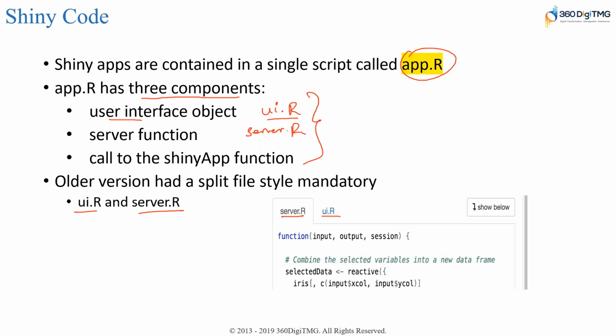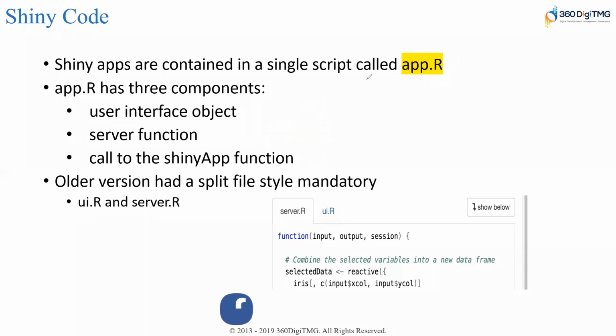The latest version of the Shiny package gives us the capability to develop an end-to-end application using a single file. This way it is easy for us to look at and maintain a single file and to communicate the variables between the user interface and server function. So it becomes very easy for us to develop the code. That's the latest version of Shiny.